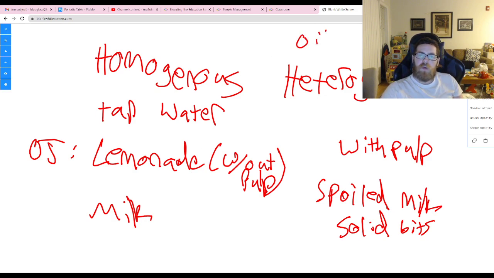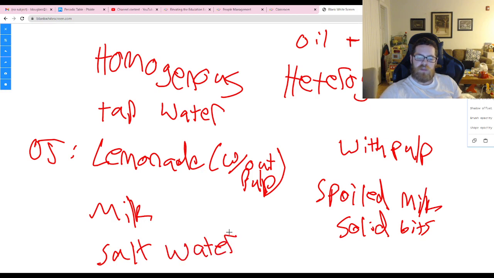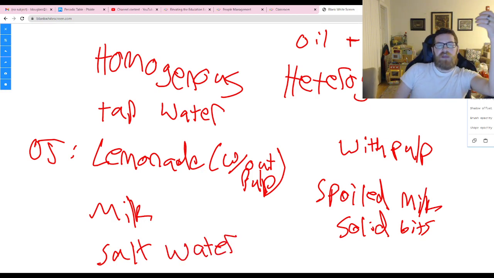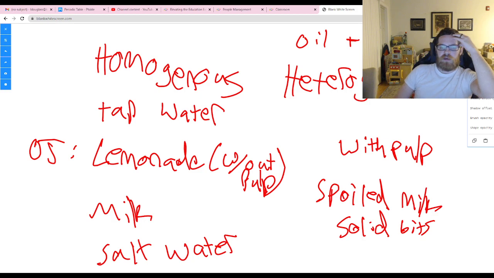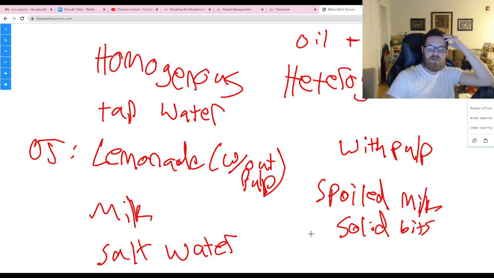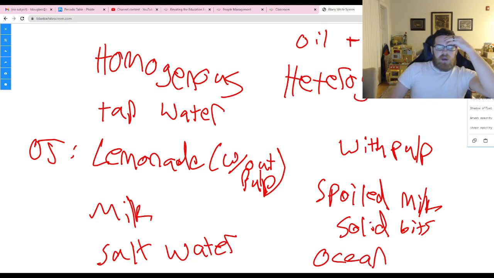A good example, oil and water. Oil and water do not mix. You can quite distinctly make out the two different layers. So that would be heterogeneous. Now here's an interesting one. Salt water. If you go right now and you dissolve, at least not too much, a bit of salt in water, you can't see it. It's homogeneous. However, the ocean is a heterogeneous mixture.